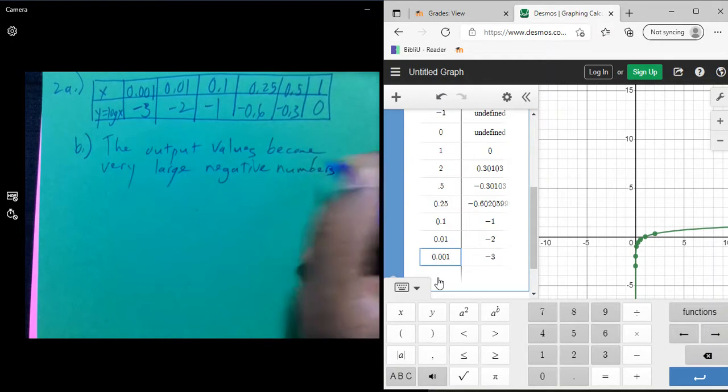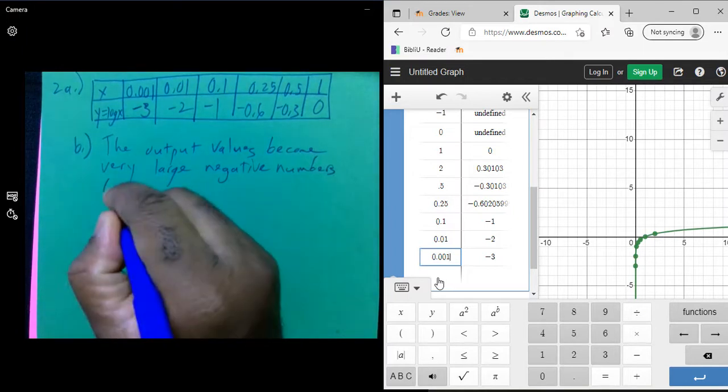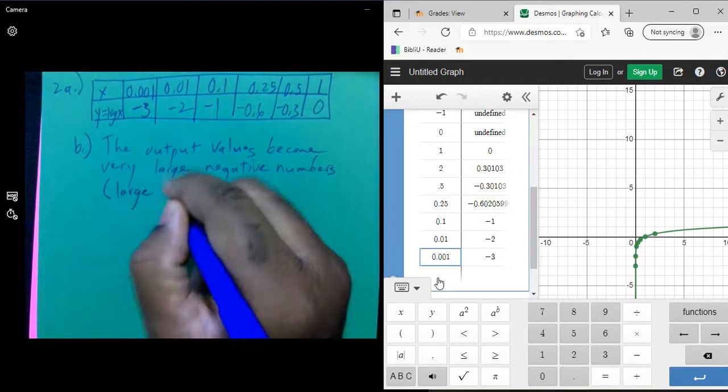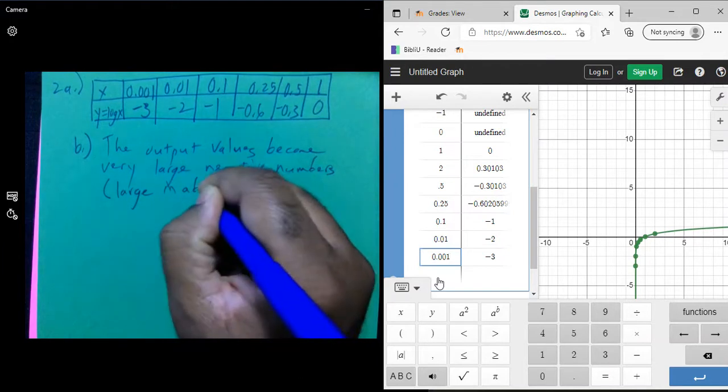Now, when I say large, we know as negative numbers get further and further from 0, they're technically getting smaller. So what I'm talking about is large in absolute value.